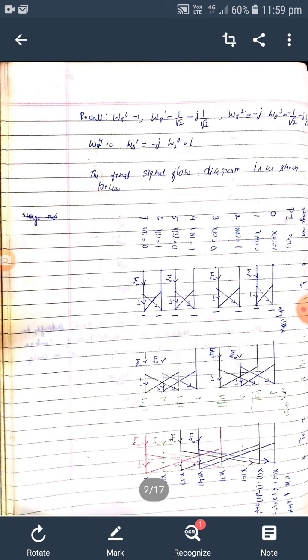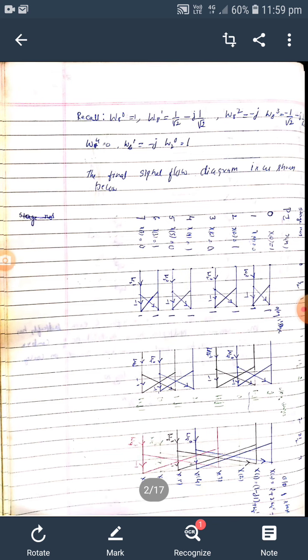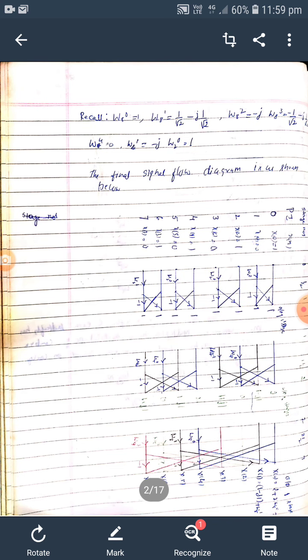Similarly, for the second output, x of 1 comes here as A, then B is x of 5, 0 into 1 into minus 1 is 0, so that means 1. The first stage output is clearly shown in the figure.